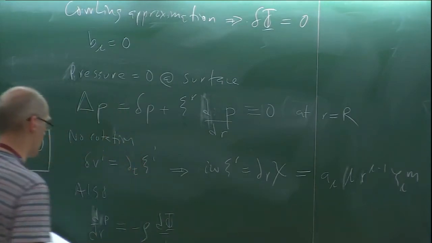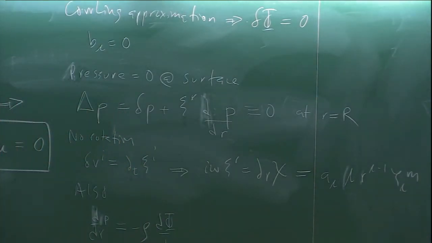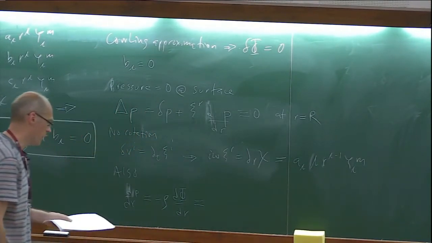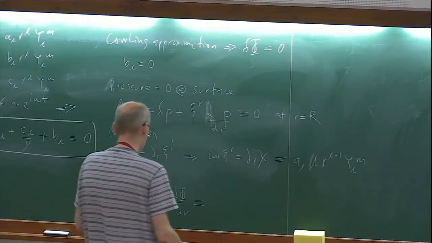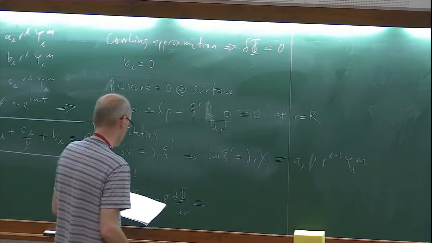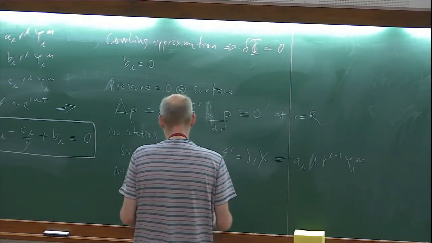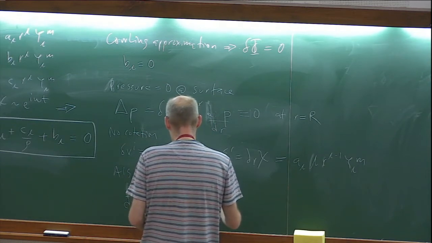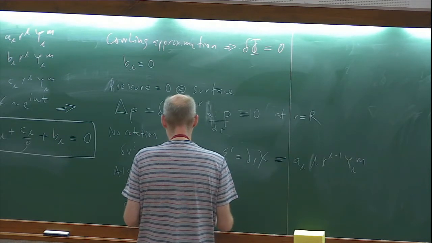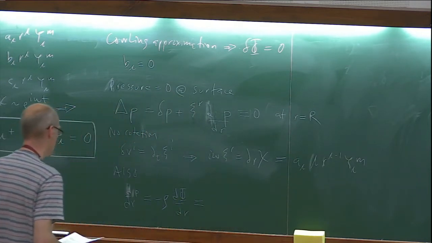That's hydrostatic equilibrium. But I know what the gravitational potential is, Gm over r. Take the derivative, there's a Gm over r squared, which kills this. I think I lost a sign.